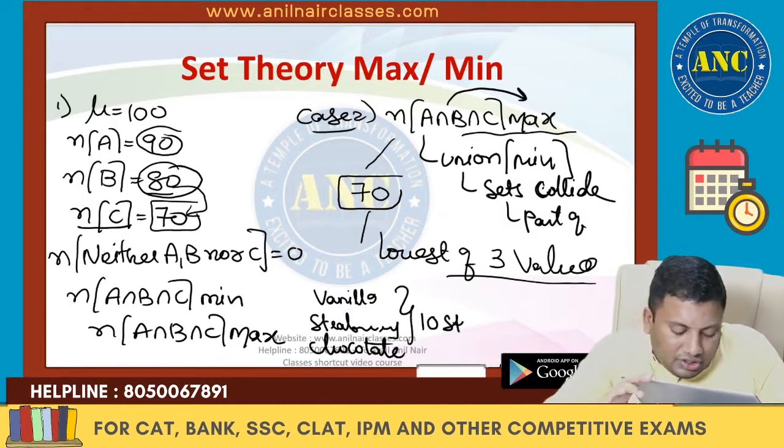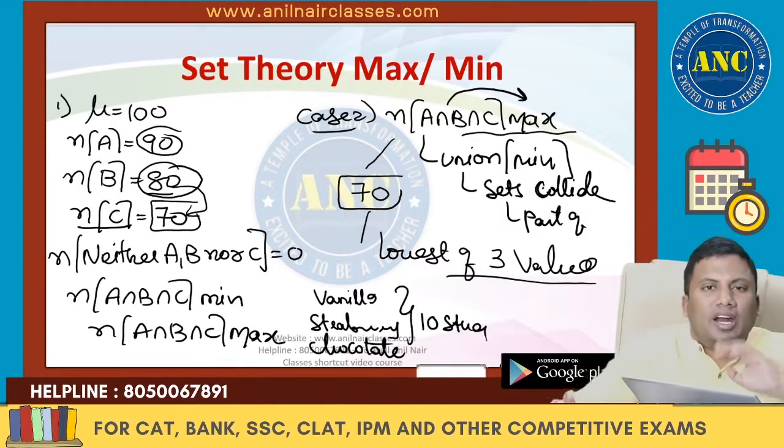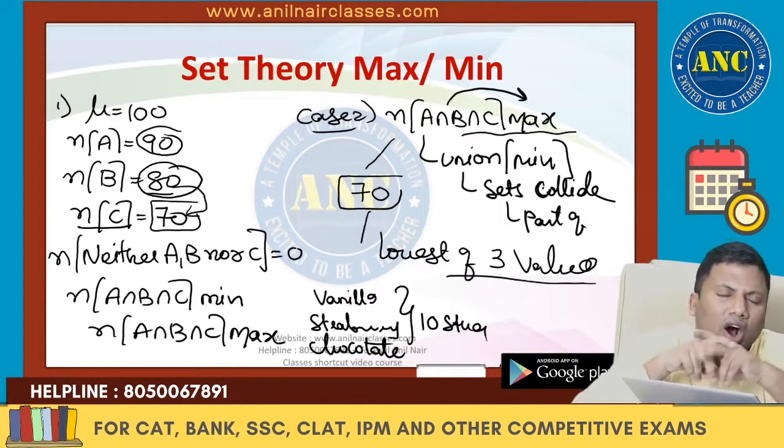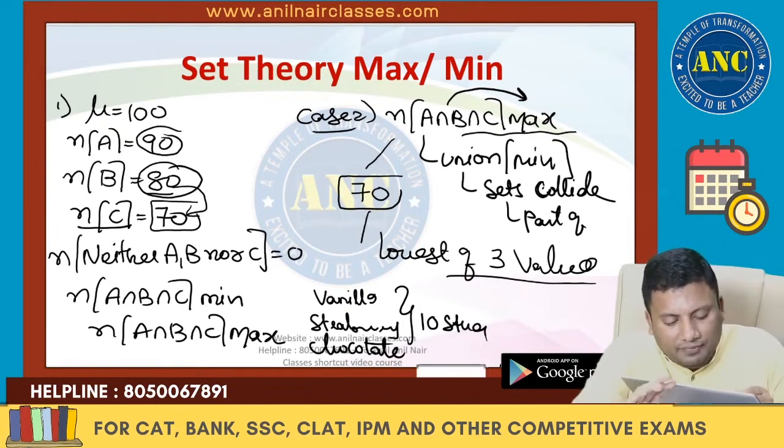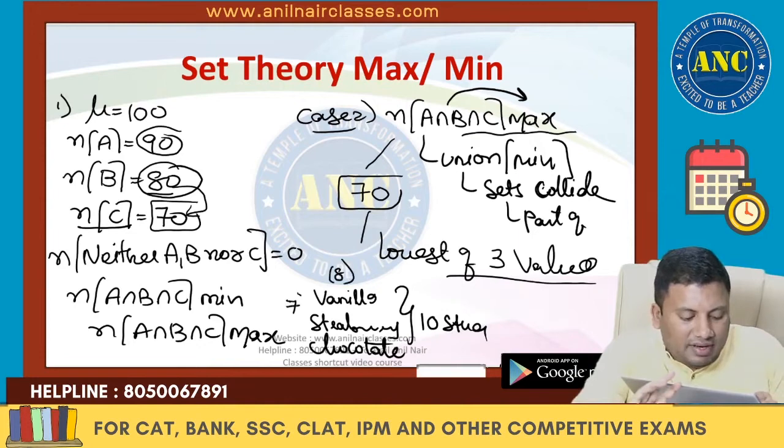There are 10 students in the class. How many students got the maximum? There are 8 vanilla, 7 strawberry, and 5 chocolate ice creams. 8, 7, 5, and there are 10 students.